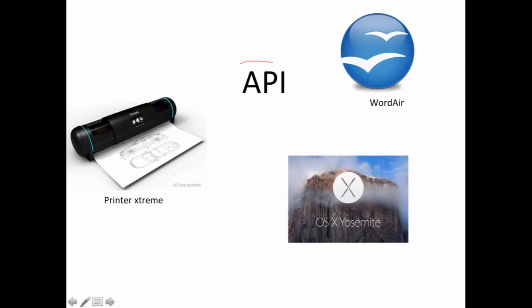In a nutshell, an application programming interface makes it a lot easier for developers to get software to talk to hardware and vice versa, because the company Printer Extreme in this case produces software, an API, for other software to be able to connect with.